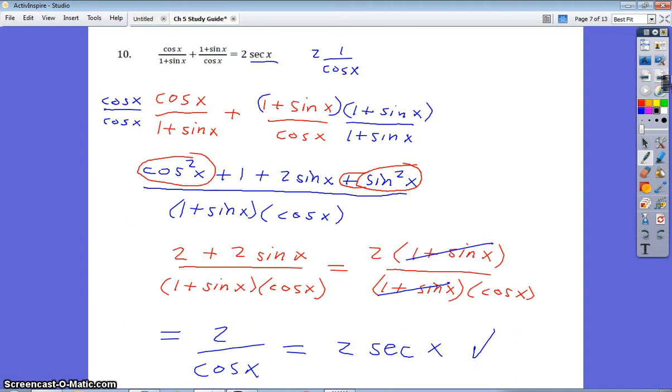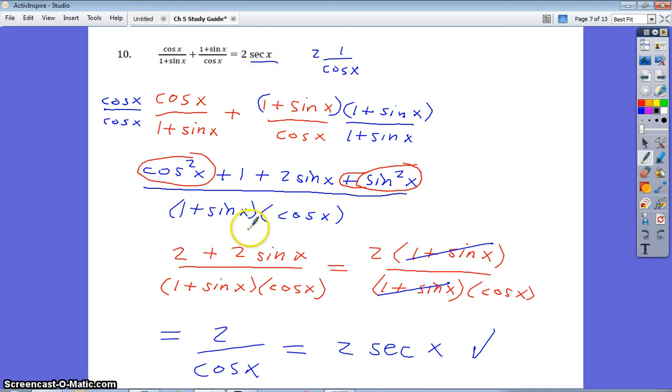Okay, next one. I wanted to add up the two fractions there on the left, so I got a common denominator, and I multiplied the numerators, but I kept the denominators factored because I noticed that I want a cosine in my denominator. I'm thinking about what I'm trying to prove: 2 times secant. Secant is 1 over cosine.